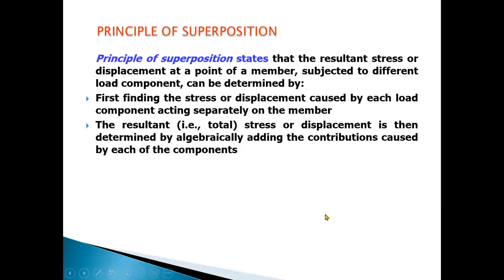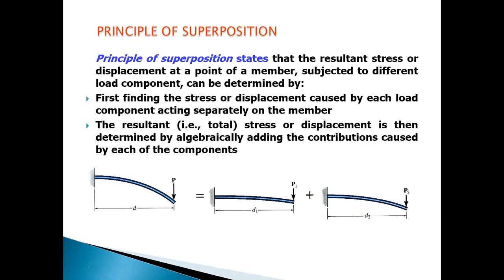According to the principle of superposition, the resultant stress or displacement at a point of a member subjected to different load components can be determined by the following. Number one, first finding the stresses or displacement caused by each load component acting separately on the member. Then the resultant, that is the total stress or displacement, is determined by algebraically adding the contributions caused by each of the components.